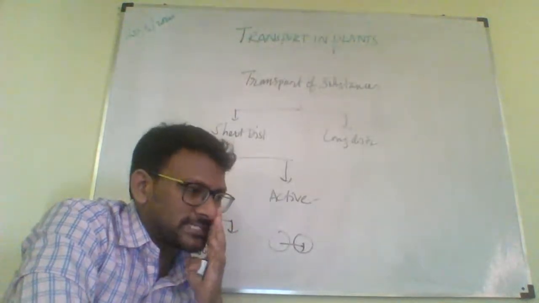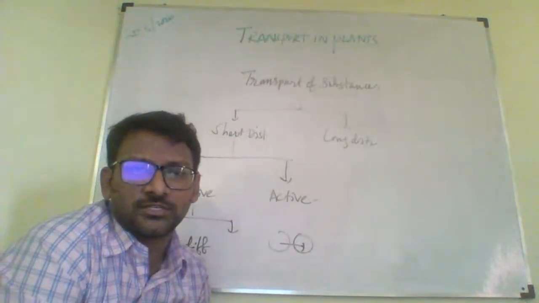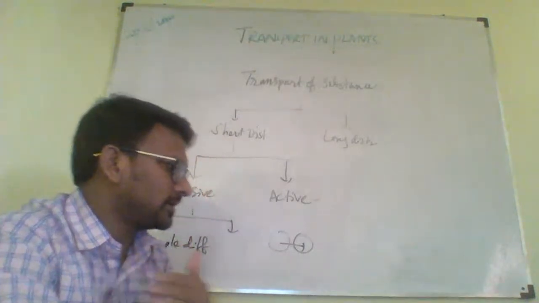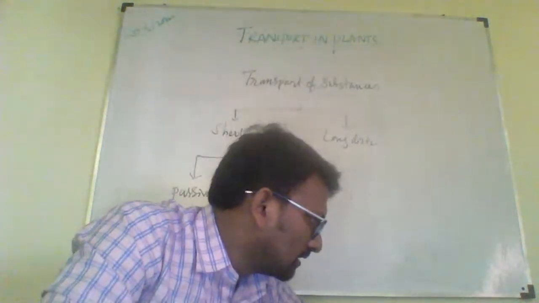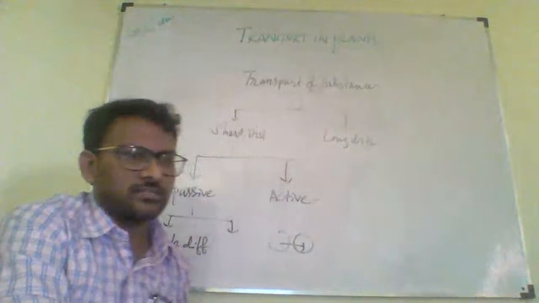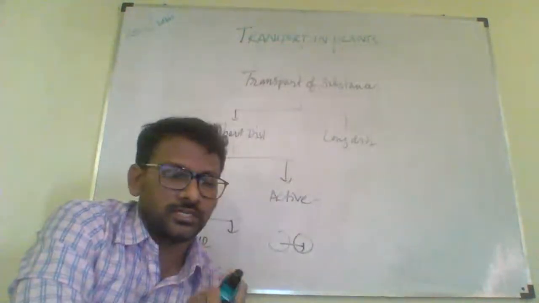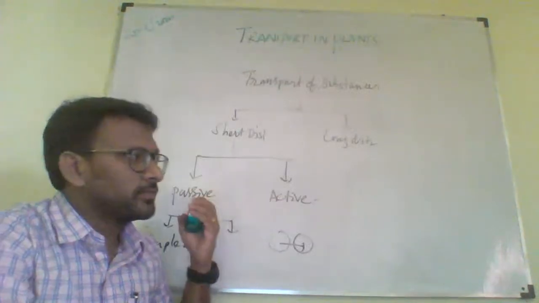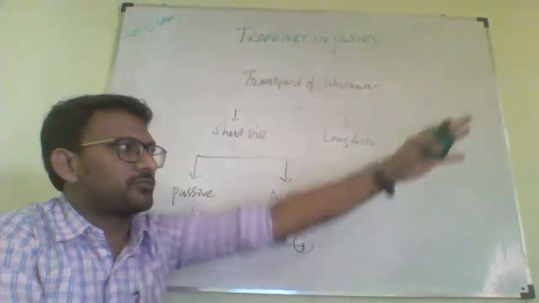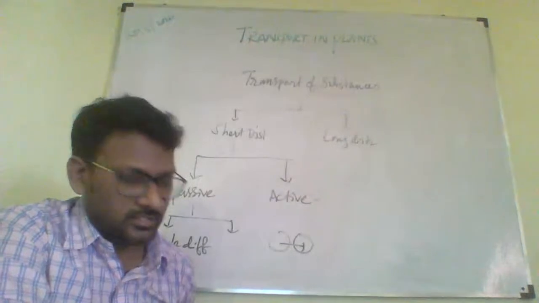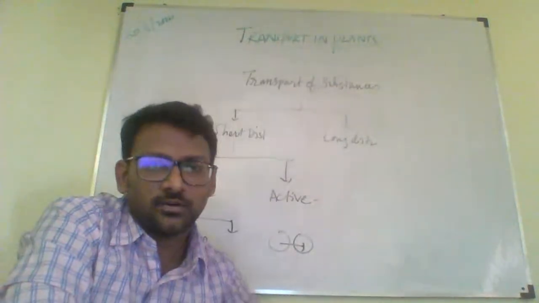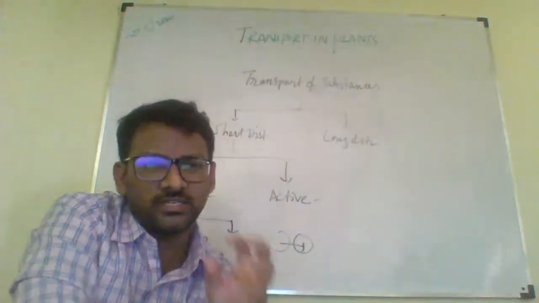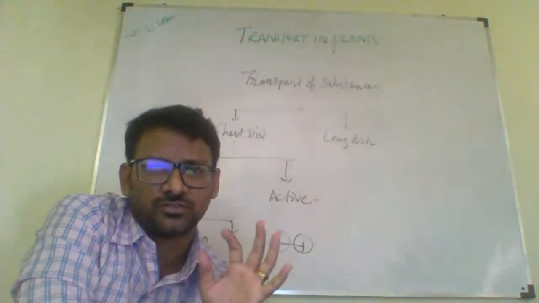By simple diffusion, molecules are transferred from higher concentration to lower concentration. For example, I already showed in class: if you take a scent bottle, it has a higher concentration, and if you spray it, these molecules diffuse to the lower concentration areas. So it occurs through simple diffusion.